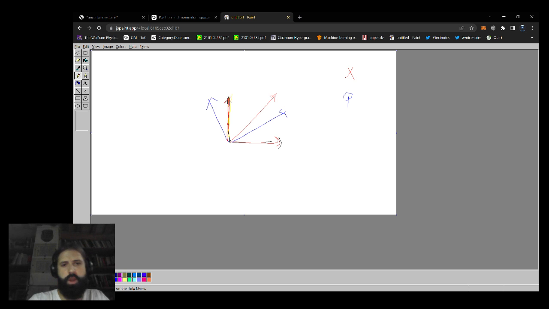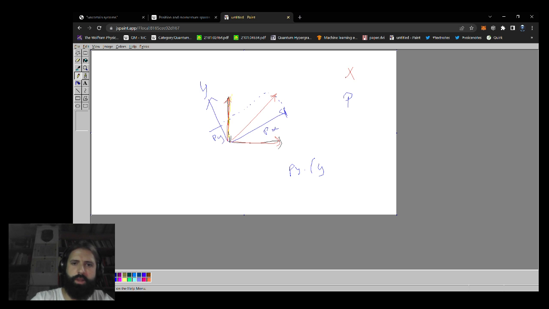Now I have this component here and this component here. Let's say this is px and this is py. Essentially, this is the same as saying py times the y basis, whatever that is.